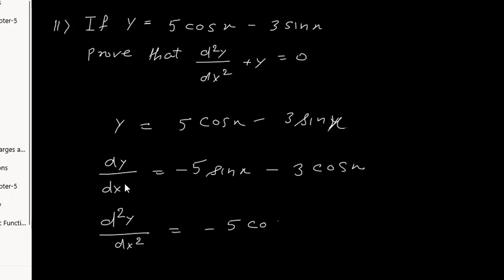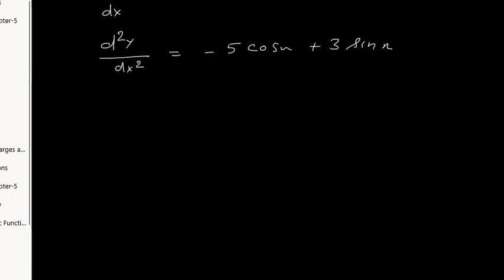x derivative will become cos x, and here it will become plus 3 sin x, as the derivative of minus cos x is plus sin x. So this minus sign we will take common, and inside we have 5 cos x minus 3 sin x.